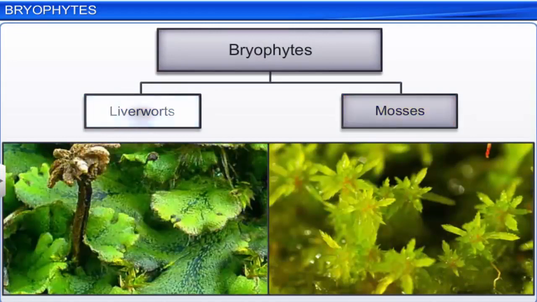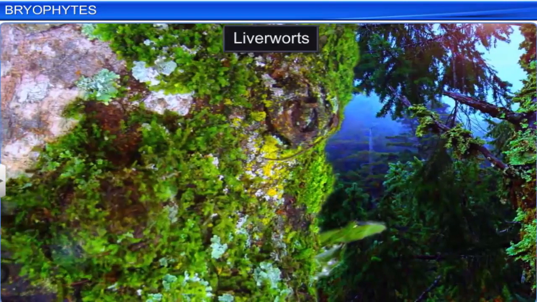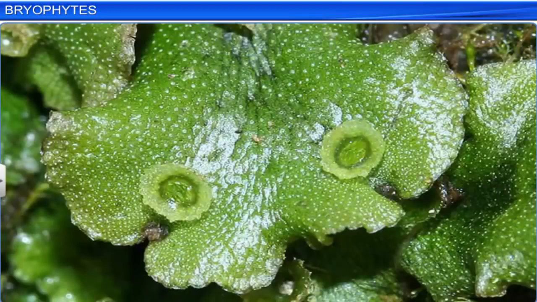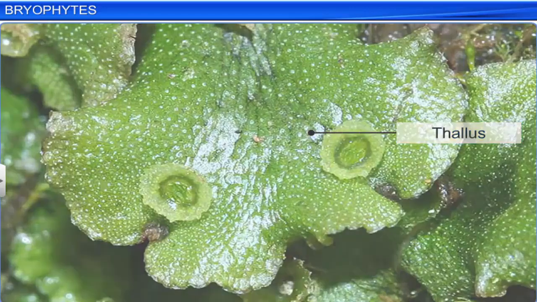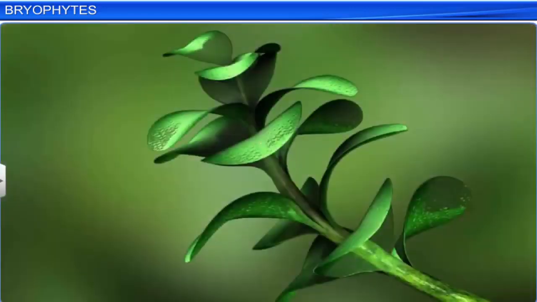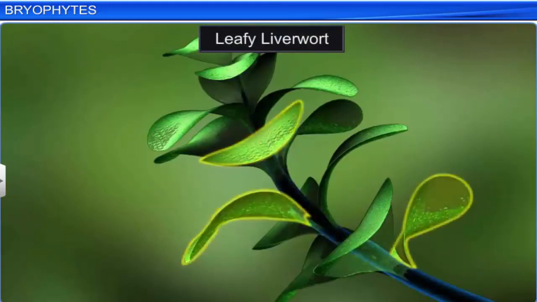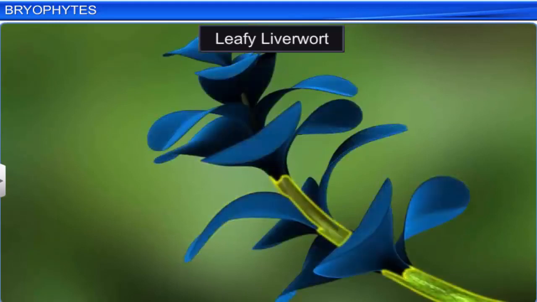You can find liverworts in moist and shady environs such as barks of trees. The plant body, a thallus, is dorsiventral and appressed to the substrate. However, in the case of leafy liverworts, the plant body bears tiny leaf-like appendages in two rows on the stem-like structures.